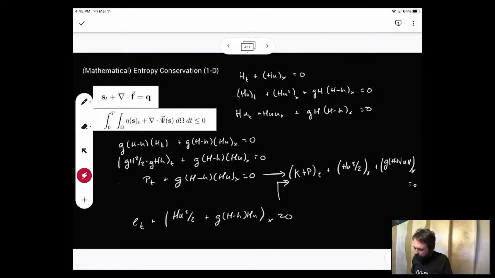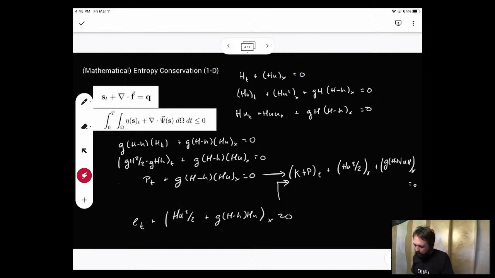So if I were to compare this with what's inside the integrand for that entropy condition, this total energy would be my entropy function, and then this hu cubed on 2 plus g(h minus H)hu, I know it's a mouthful, would be this entropy flux function. So I have, with the shallow water equations, a way to define a conservative entropy flux.